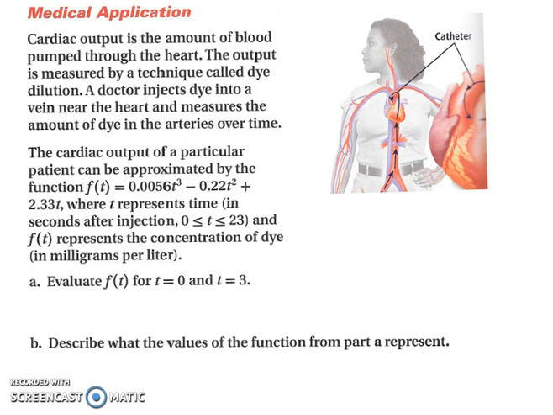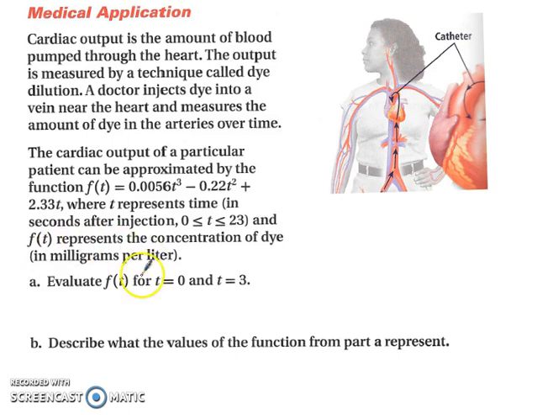The cardiac output of a particular patient can be approximated by the function f of t equals 0.0056 t to the third minus 0.22 t squared plus 2.33 t, where t represents time in seconds after the injection, and it is done between 0 and 23 seconds. The f of t represents the concentration of dye in milligrams per liter.